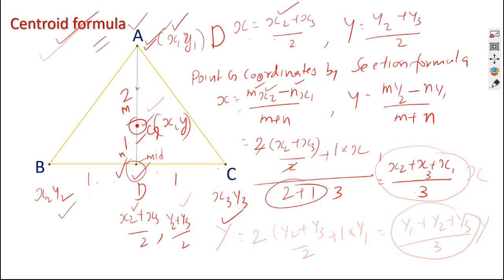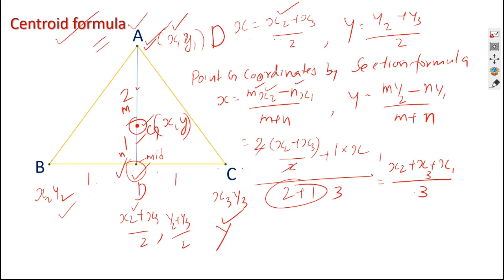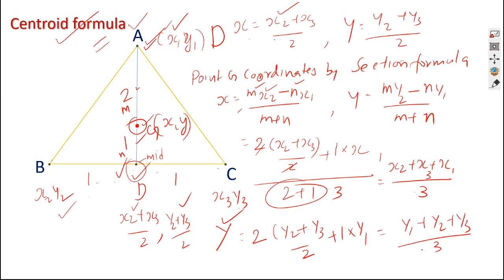And for finding the y coordinate, we will write 2 into (y2 plus y3) upon 2, correct, plus 1 into y1. That also turns into (y1 plus y2 plus y3) upon 3, the same way. So we got a formula like this.